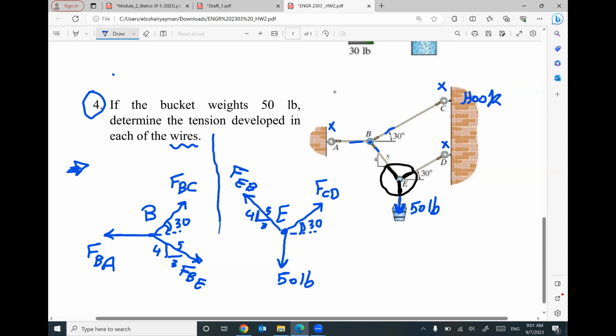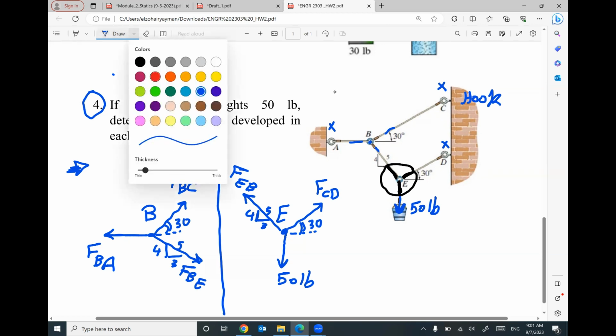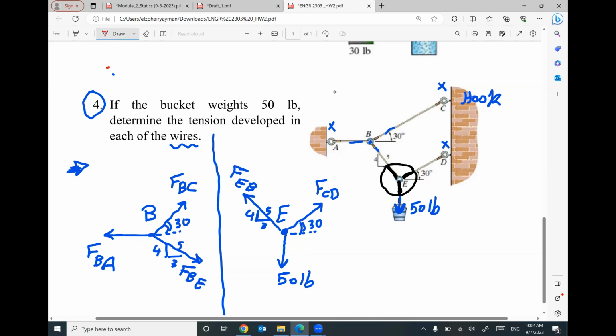We have two problems. One for E and one for B. Anybody can remind me which one I'm gonna start with? Do you remember what was the rule? We will start with the least number of unknowns. Go ahead and count. This one is unknown.